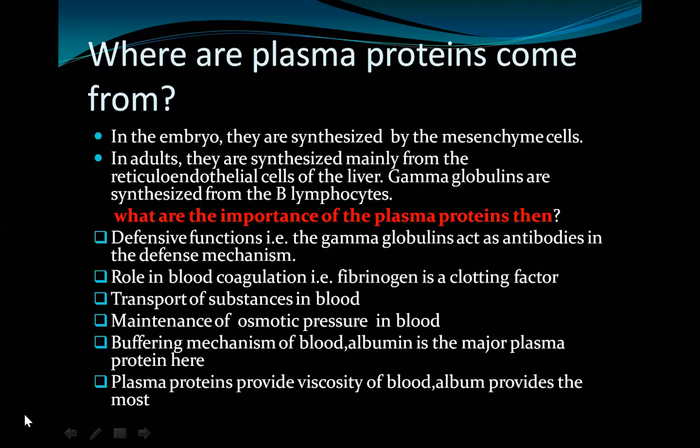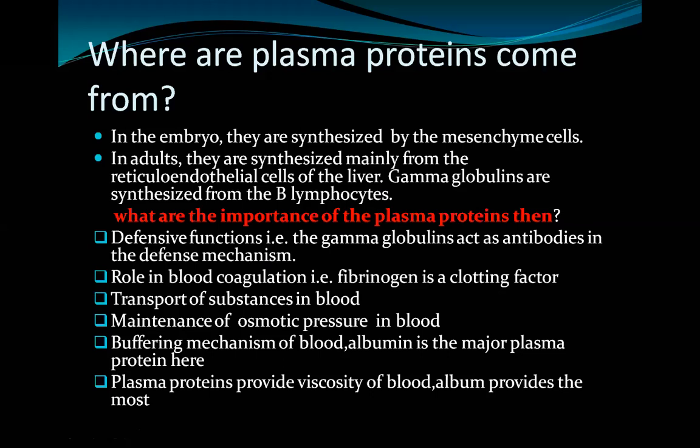So what do the plasma proteins do in your body? The first thing is that they have a role in the defense mechanism of the body. Here we are talking about the gamma globulins, which act as antibodies to protect your body from invading agents.